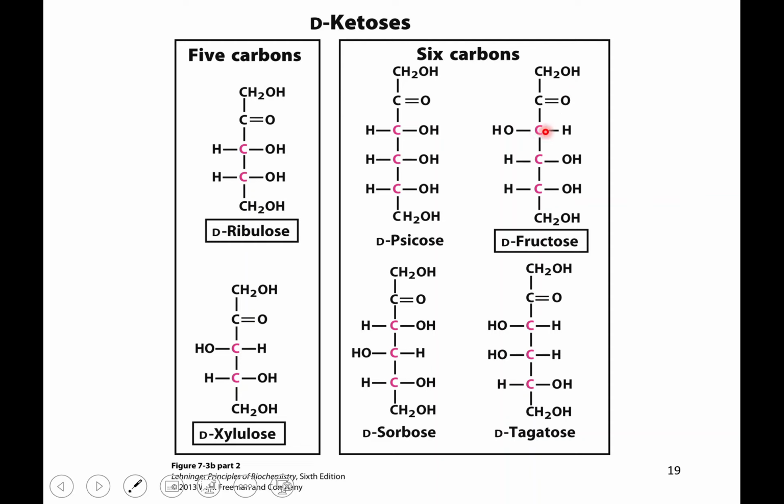So then we lose a stereocarbon. In glucose we had 4, and it went right, left, right, right, but now we lose that one because it's now the carbonyl, and we're left with left, right, right. So for fructose, you just have to remember left, right, right, at least in the D form of fructose.